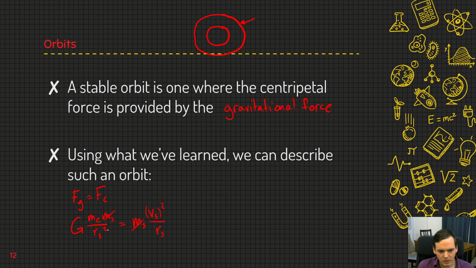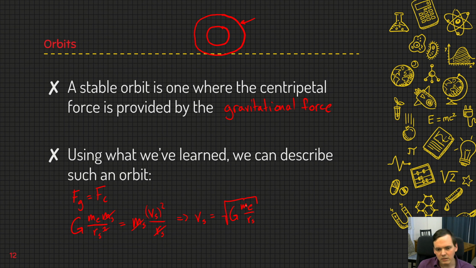We can cancel one of these masses, cancel this r, and we get that the speed of the satellite is equal to the square root of G times the mass of the Earth over the radius of the satellite.